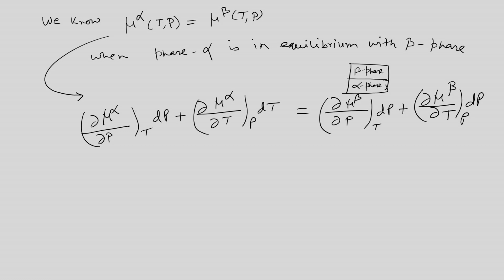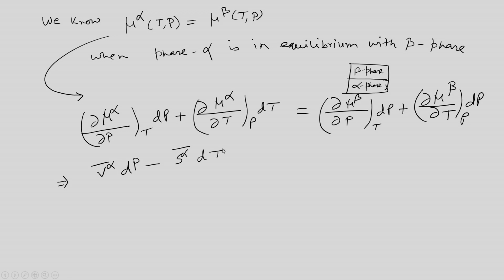Okay. And we know that del mu alpha by del P at constant temperature is nothing but the molar volume of alpha phase, right? We already discussed. So, this gives you V bar alpha times dP minus, and del mu alpha by del T at constant pressure, we already know this is nothing but the molar entropy of alpha phase.